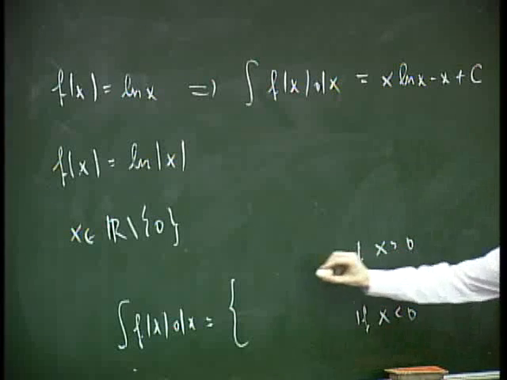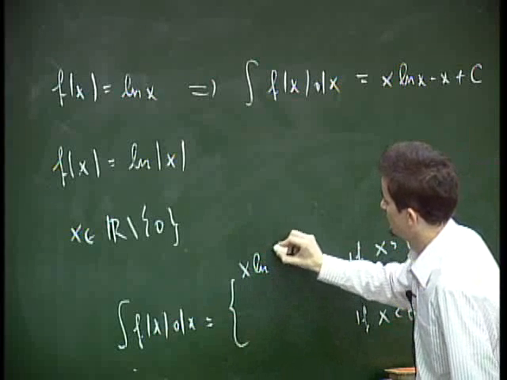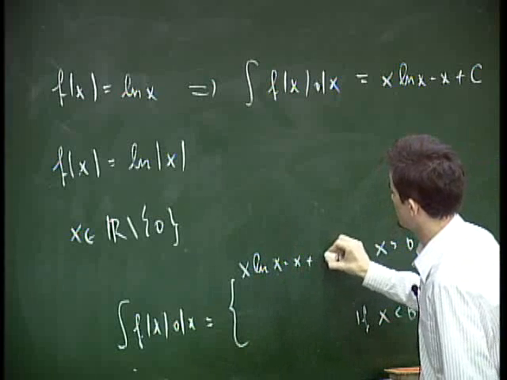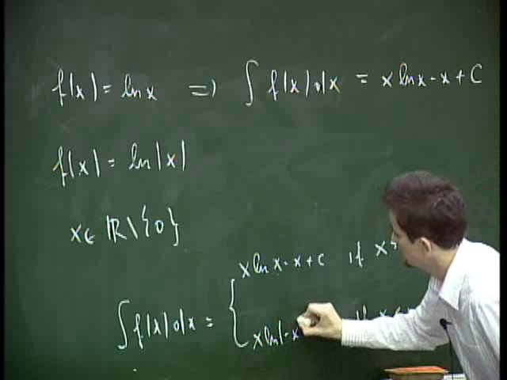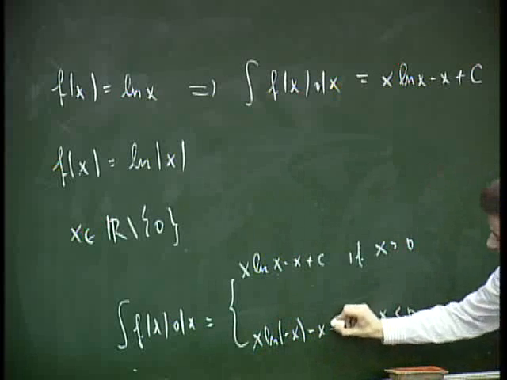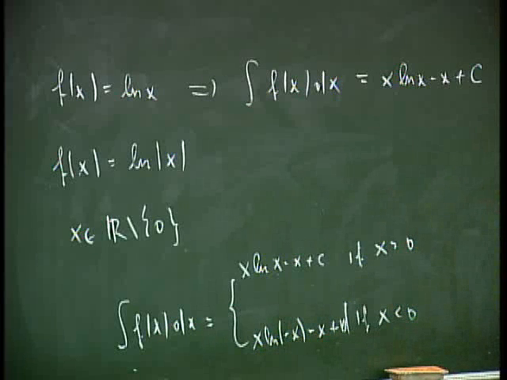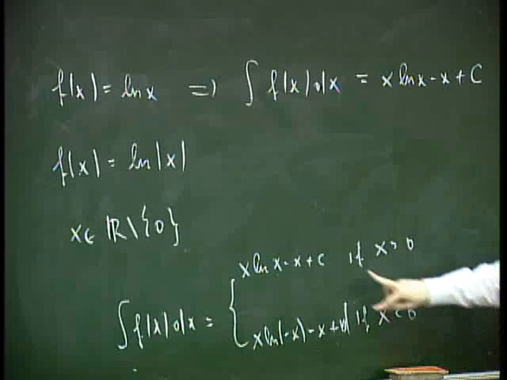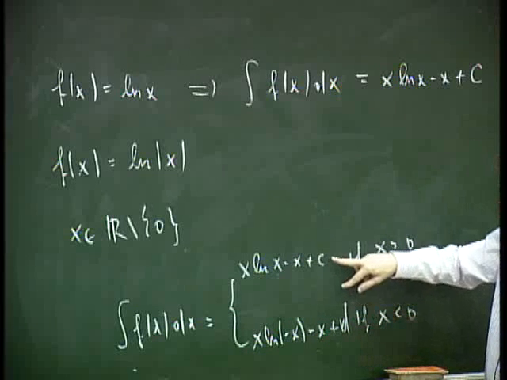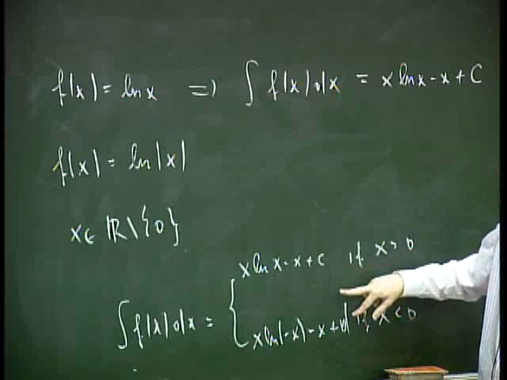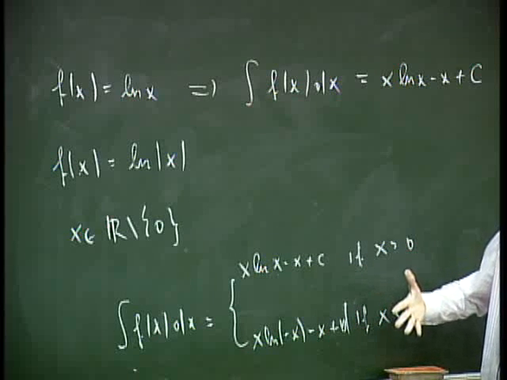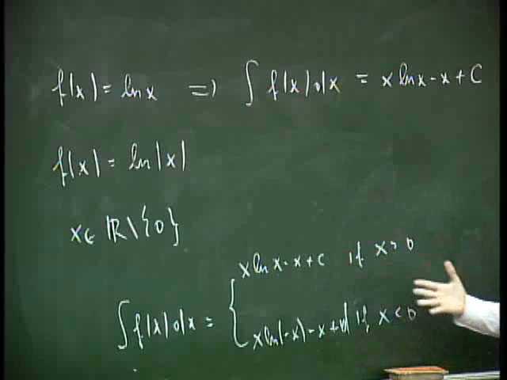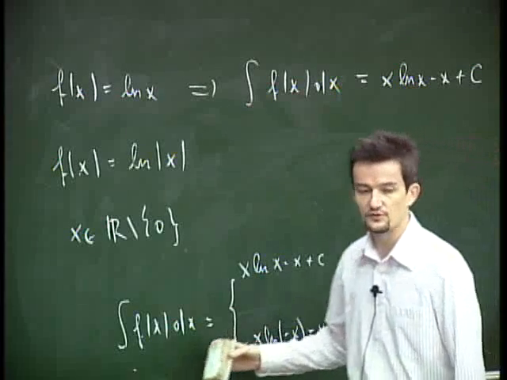In one situation you have x ln x minus x plus some constant, and in the other situation you have x ln of minus x minus x plus, and the important thing is, another constant. Of course those two constants might be the same, then you get many antiderivatives, but not all. All antiderivatives are given by this here, and there are not more. We know this from the mean value theorem.